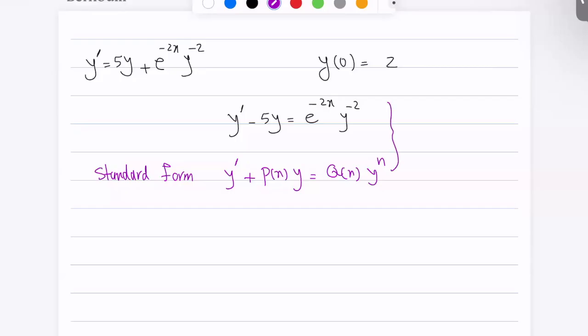If you compare these two, you can see here n is -2, and of course p is -5, q is e to the negative 2x.